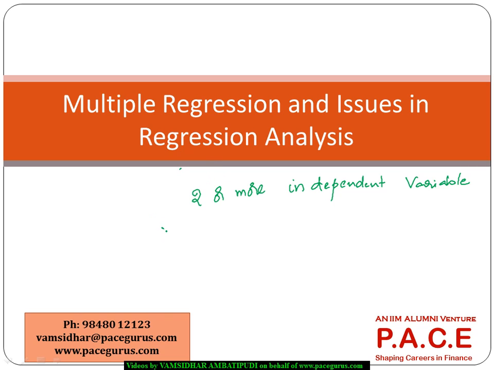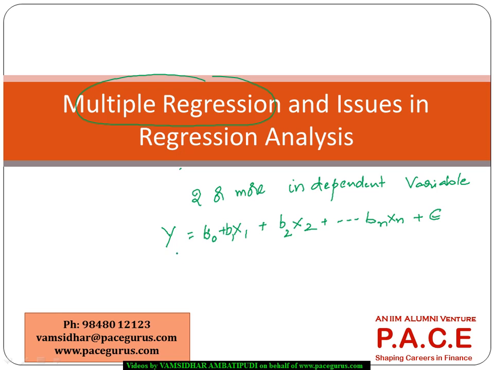So typically, if I assume y is my dependent variable and x1 and x2 are two independent variables, when I am trying to build a relation like y equal to b0 plus b1 times x1 plus b2 times x2 plus so on bn times xn plus some error component epsilon, this kind of a relationship that we are trying to build between the independent variables and the dependent variable is called the multiple regression kind of a relation.